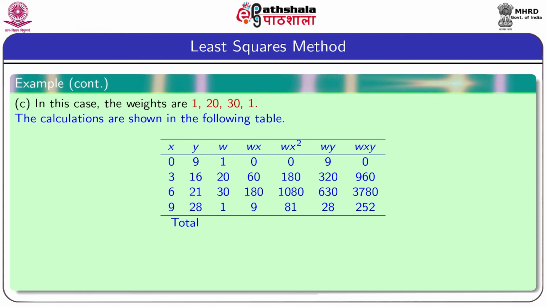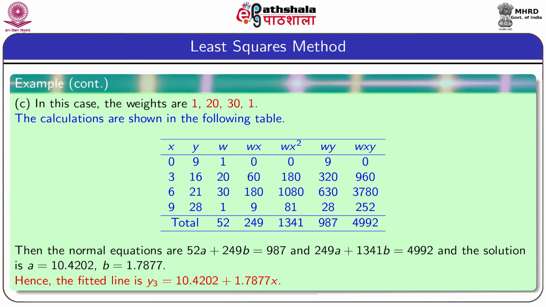The calculations are shown in the following table. In this case, the summation of w is 52, summation of w into x is 249, summation of w x square is 1341, summation of w y is 987 and summation of w x y is 4992.